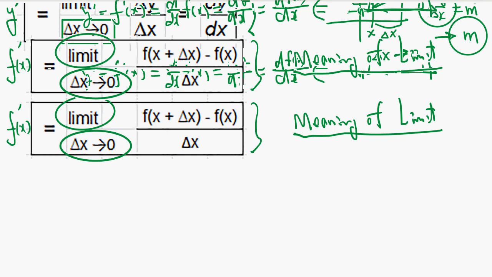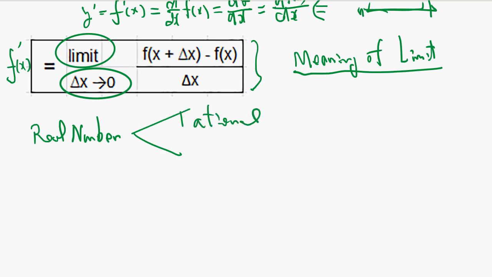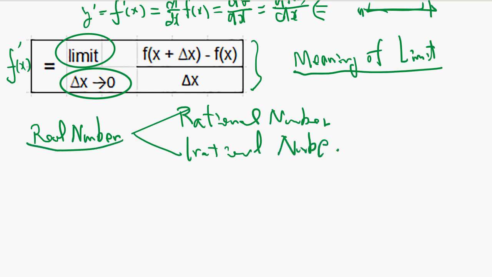why you cannot answer. Okay, you know real numbers, right? What are they made of? Rational numbers and irrational numbers. The real numbers are made of these two. A rational number is anything represented by an integer ratio, right?